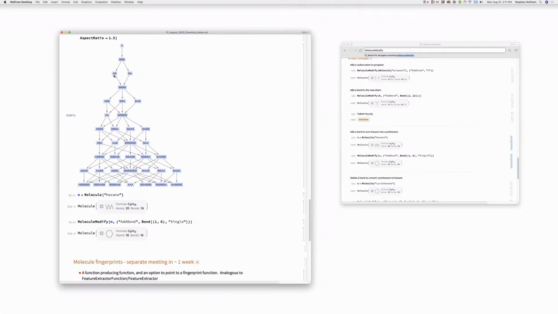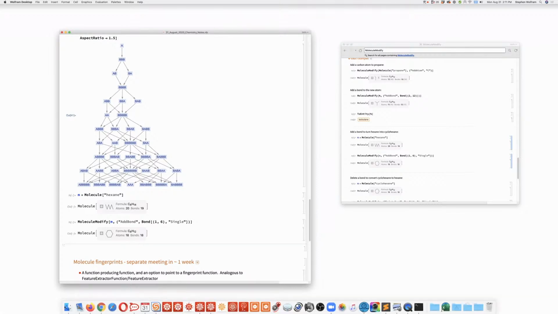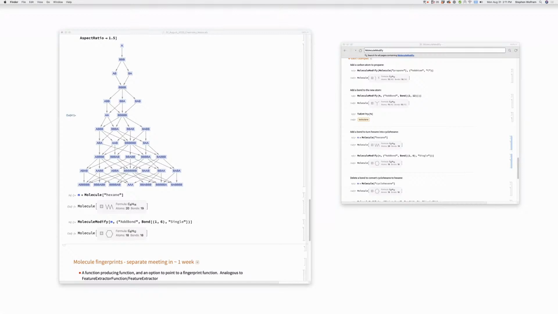You can either generate the graph explicitly and then say find shortest path, right? Or you can simply say, if I were to pull this in, hold on 1 second here.